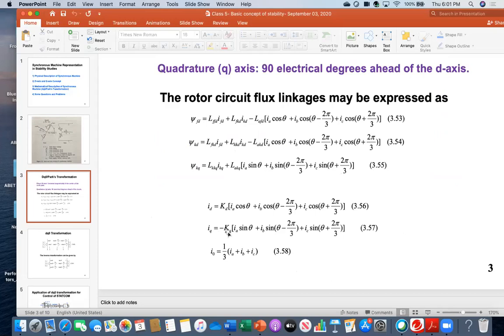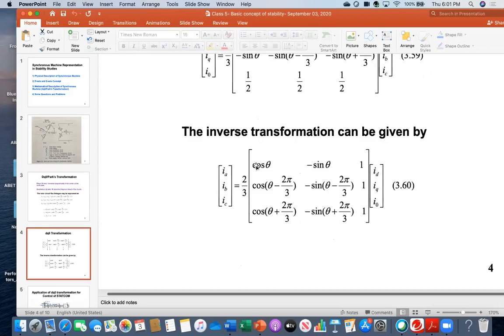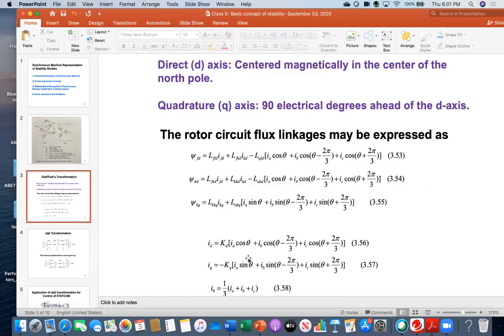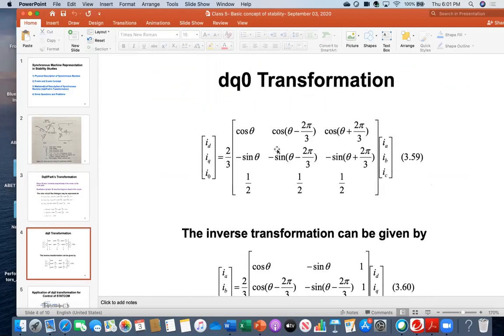Now everybody see, these 3 equations will be your concentration. From these 3 equations, what I can summarize is on the left side ID, IQ, I naught, and on the right side only IA, IB, IC. Now look at this one, everybody see, DQ0 transformation. From that portion, I just derived this one. You see, ID, IQ, I naught in matrix format, here IA, IB, IC, and then those cosine components and minus sine components.